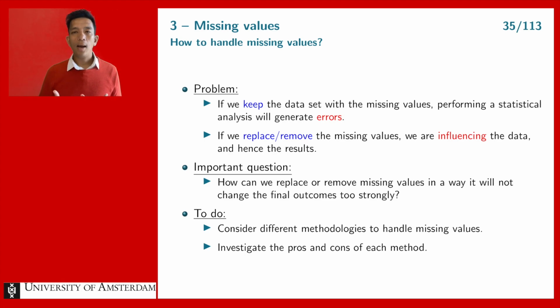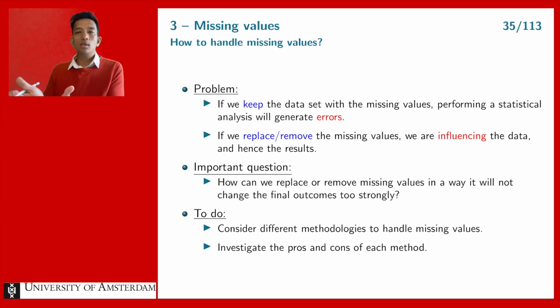You are actively changing the data set, meaning that the results you later obtain might be dependent on what you did. Maybe you have a data set with missing values, you remove all the missing values, and you calculate. But maybe someone else is looking at the same data set, but how that person is handling missing values is different from how you are doing it.